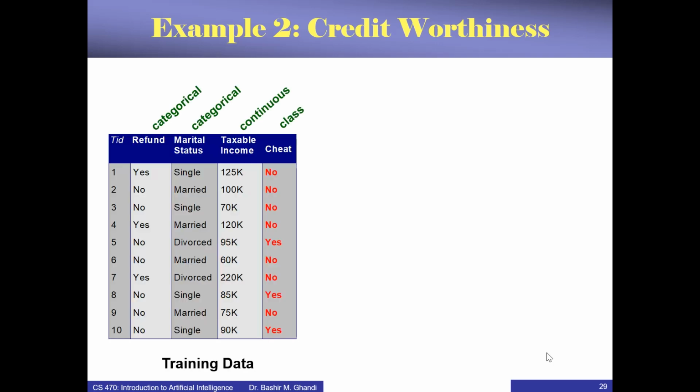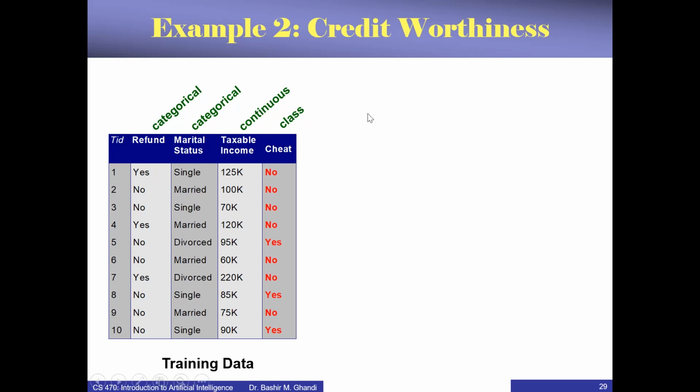Now, before we conclude the lecture, we take another example, which is the example of creditworthiness. So here we have a set of examples, the same example that I showed you earlier in the lecture, but this time we are dealing with creditworthiness.